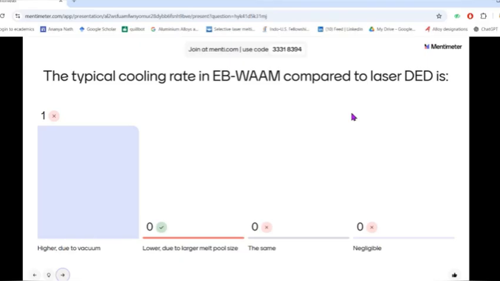Also, the cooling rate should be lower because of the vacuum. Because it's vacuum, there is no argon flow. Because of the argon flow, you also get a higher cooling rate because it works as a coolant. But there is no coolant, so the cooling rate should be lower.